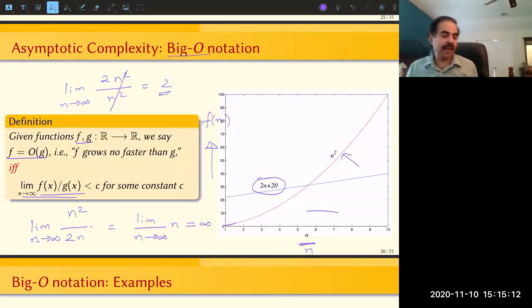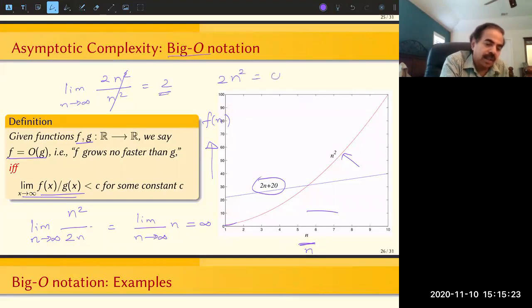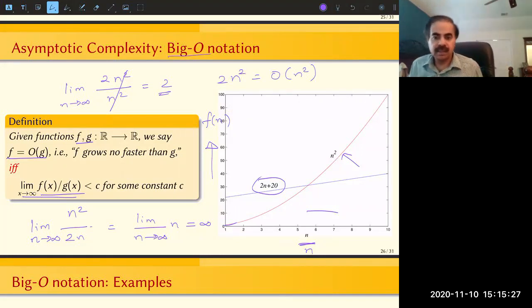We say that they have the same order, that 2n square equals order of n square, to say that they both grow at the same rate.